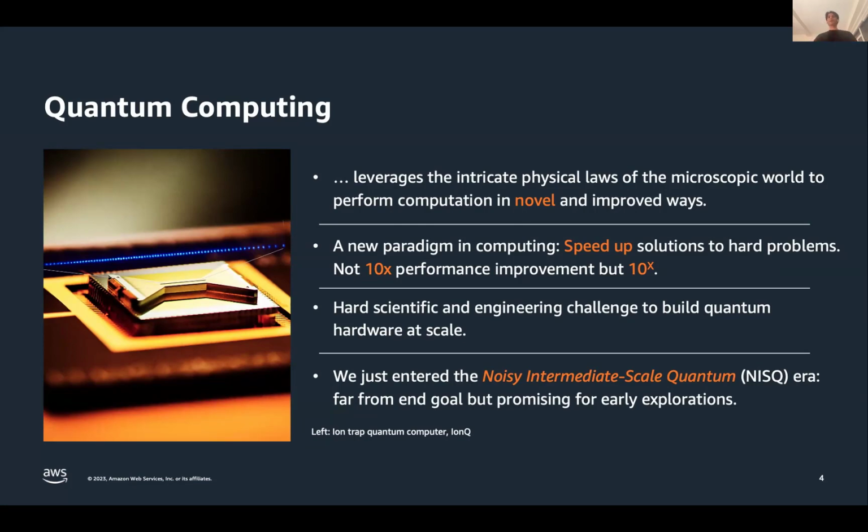And this comes with some advantages. There is a promise that there is a certain class of problems, not all problems, which are hard to solve on traditional computers or even supercomputers. They can be solved exponentially faster with a quantum computer as compared to the traditional paradigm. And that is quite exciting.